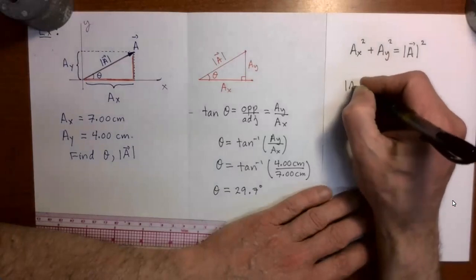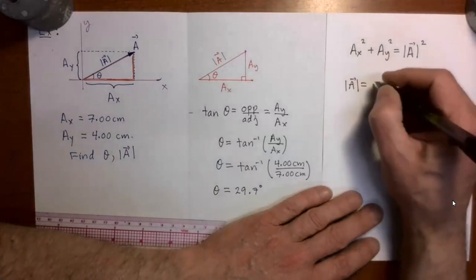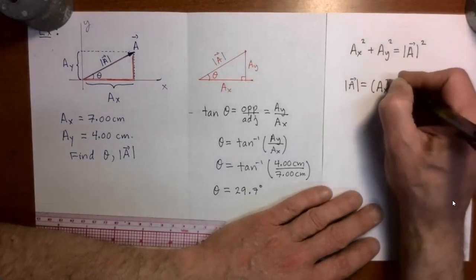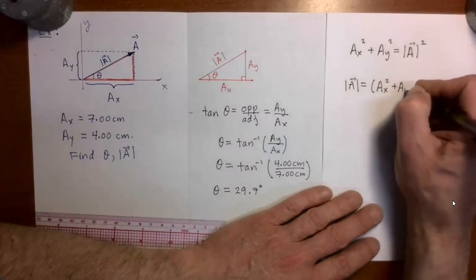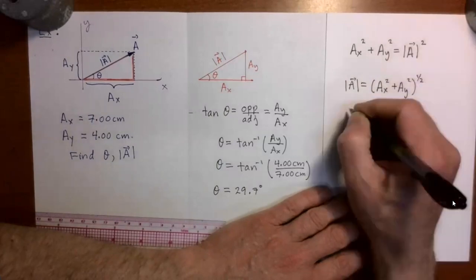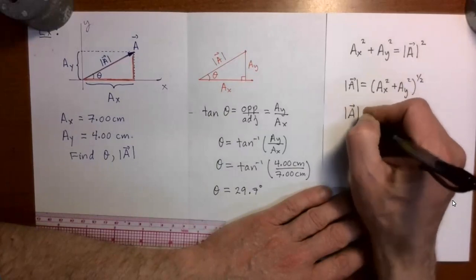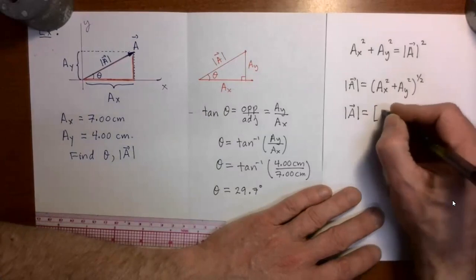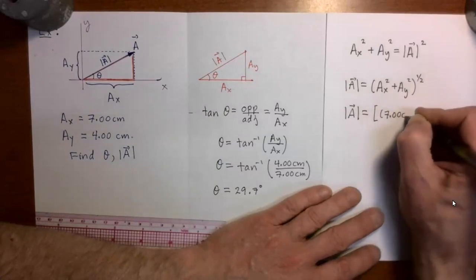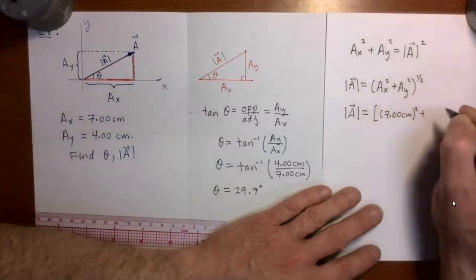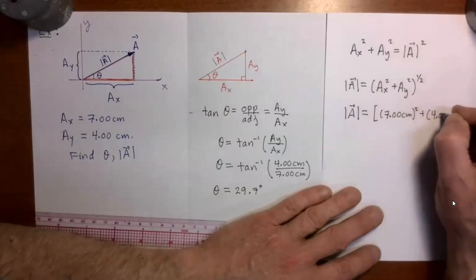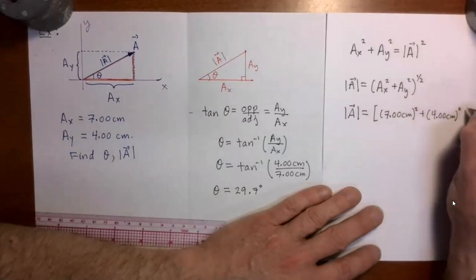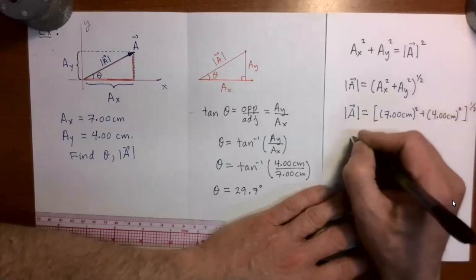So I have magnitude of vector A equals the square root of Ax squared plus Ay squared. Okay, so now I make my substitutions. So I have 7 centimeters, quantity squared, plus 4 centimeters, quantity squared, square root.